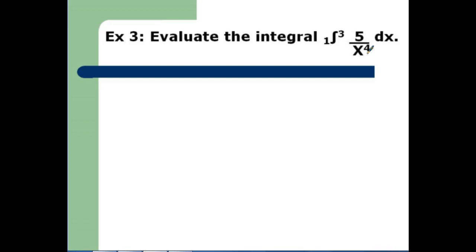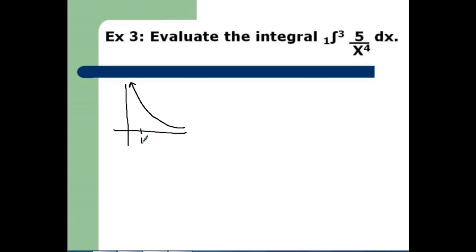From 1 to 3, this function would look like this, because we know it has that vertical asymptote at 0. As we get closer and closer to 0, the function continues forever.